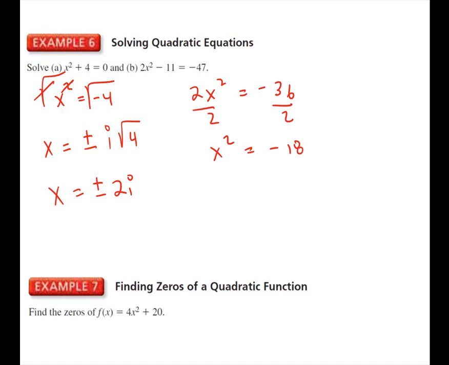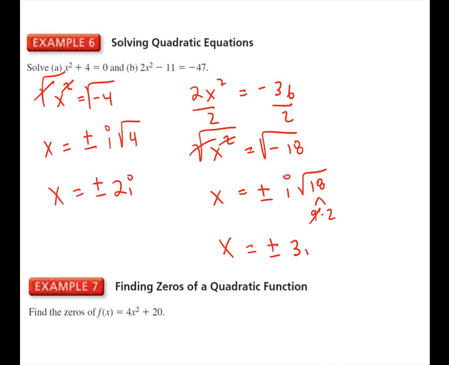Now that the x squared is by itself, I square root both sides. So x is going to equal, put the plus or minus. First I'll put the i on the outside. The 18 becomes positive. I need to simplify the square root of 18. 18 is 9 times 2. What's the square root of 9? That's 3. So I'm going to get x equals plus or minus 3i, and then we still have the 2 inside the radical.